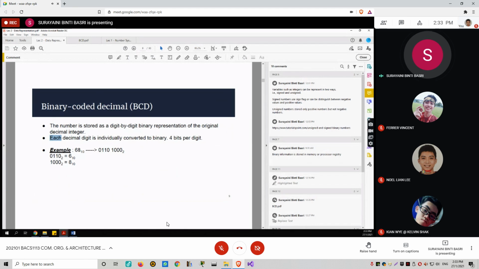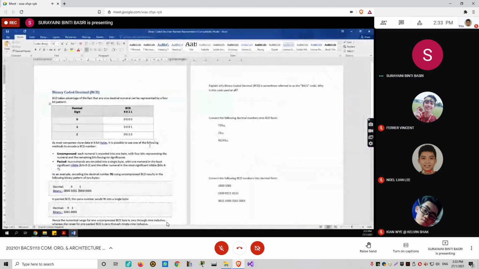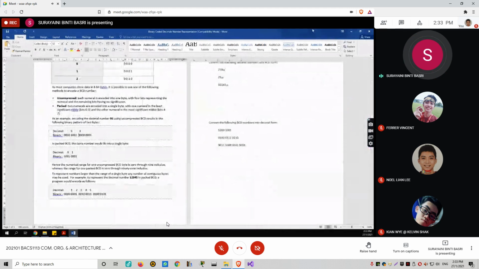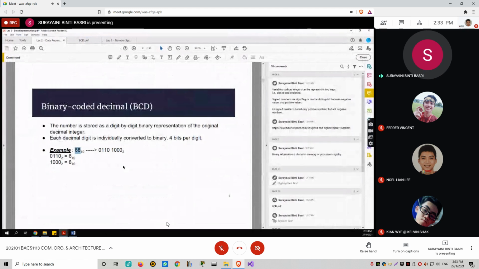Previously, when converting decimal to binary using the conventional way, we did division by 2, division by 2. But using BCD, we take each individual decimal digit.